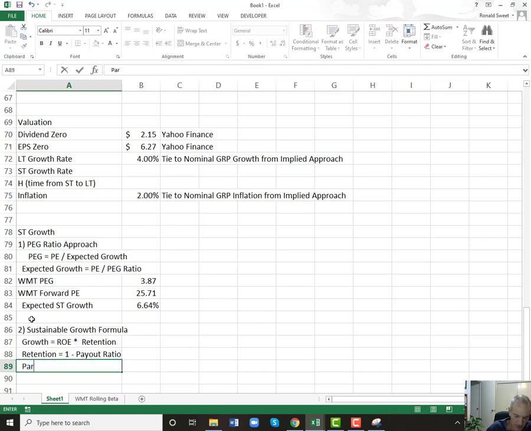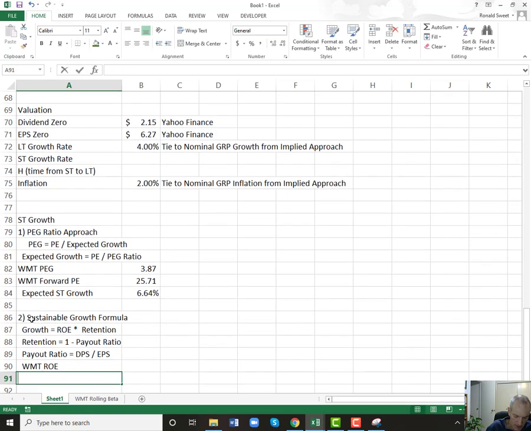The payout ratio equals your dividends per share divided by your earnings per share. It's how much of their income, earnings per share, are they paying out in dividends. So let's go get Walmart ROE. We'll get Walmart payout ratio.